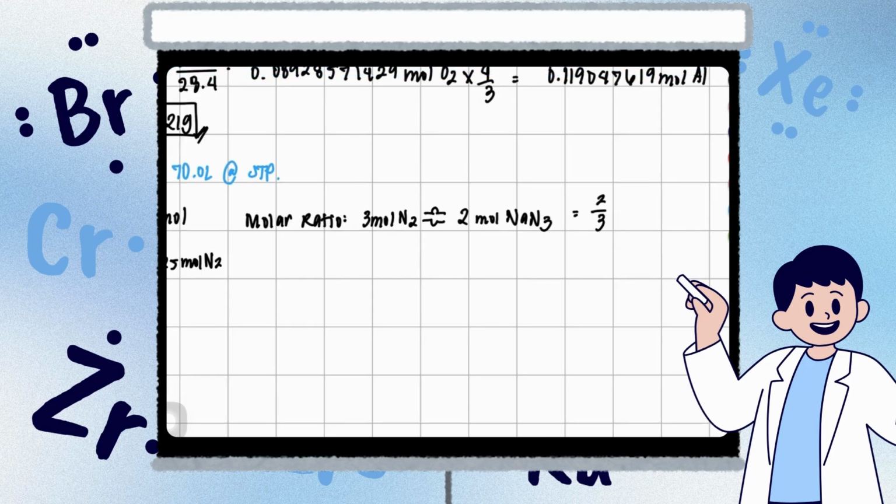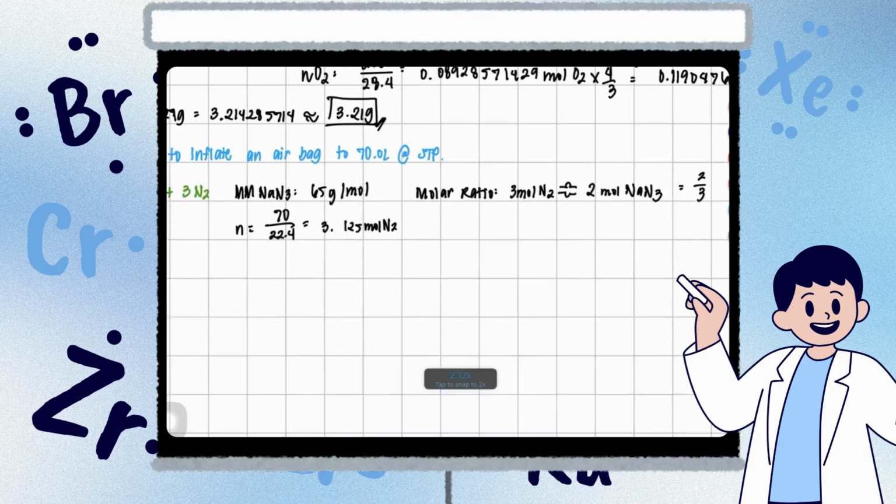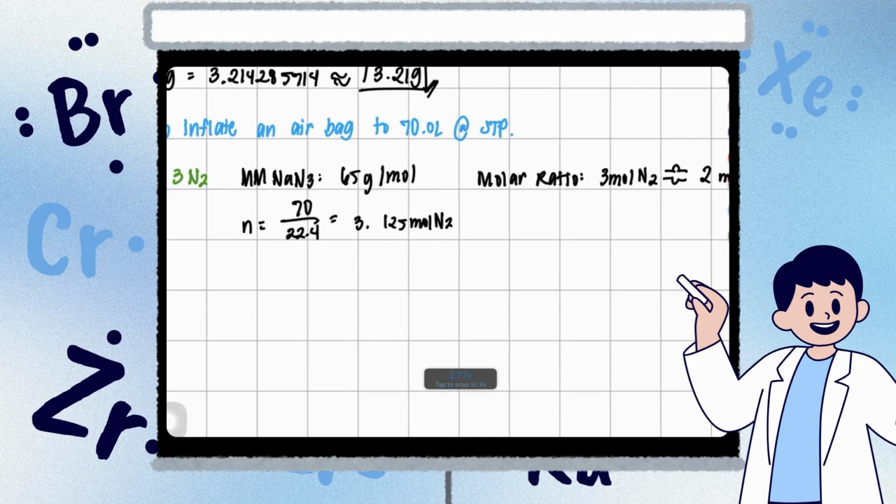Since the unknown is NaN3, we need to put it on top, at the numerator. Now we can multiply the number of moles with our molar ratio fraction. So 3.125 times 2/3, we will get 2.0833.